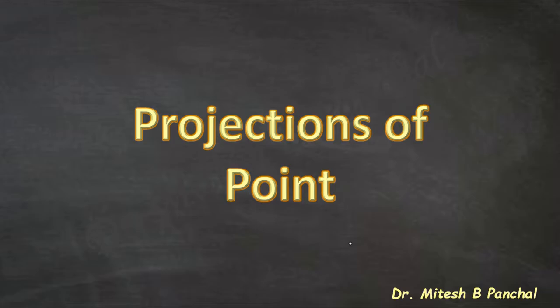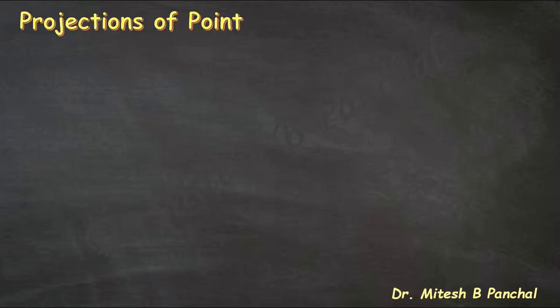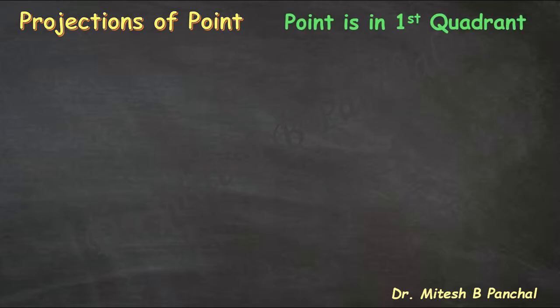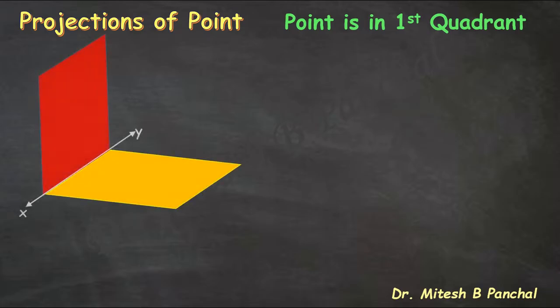Starting with the topic, we will first go through the projection of a point when the point is in the first quadrant. We know that for the first quadrant we require HP and VP. The intersection of the two planes HP and VP is nothing but the XY line. This one is the horizontal plane, that is HP, while the red one is the vertical plane, VP.